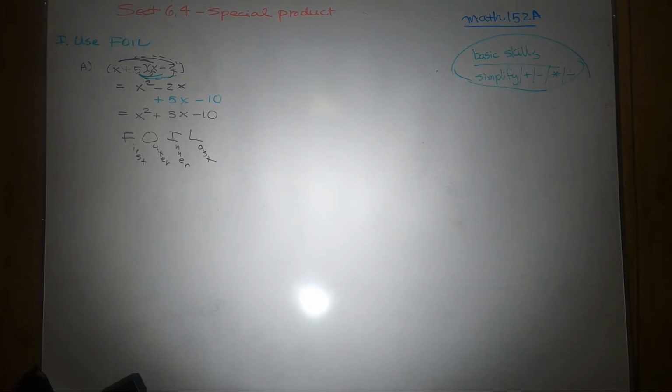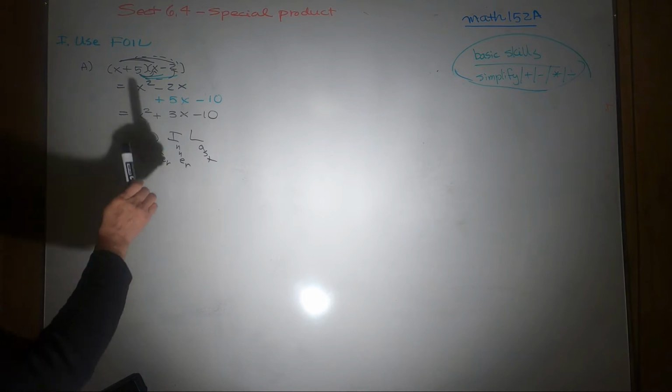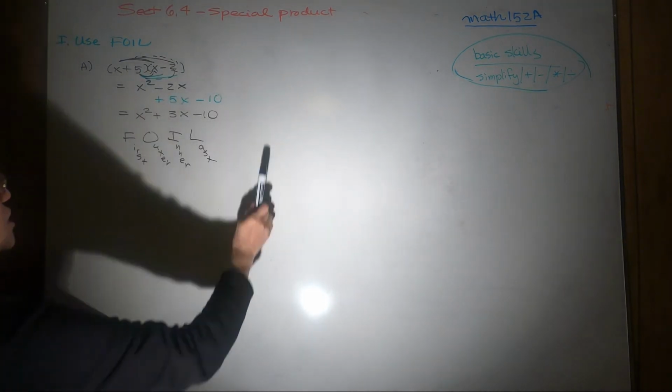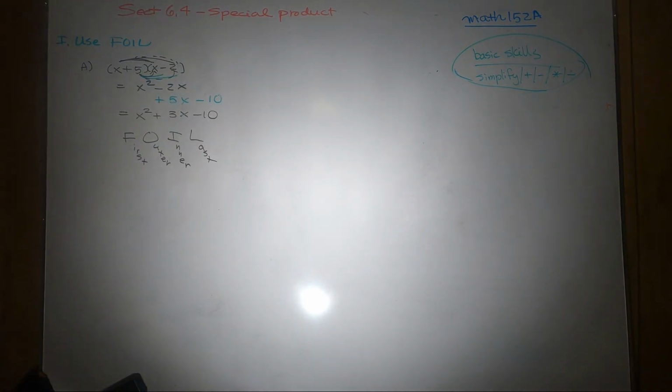So the method we call FOIL, okay? It means 2 terms times 2 terms. Then you need to use the distributive property to do the multiplications. So we are going to do a special kind of multiplication for the polynomials, 2 terms times 2 terms.